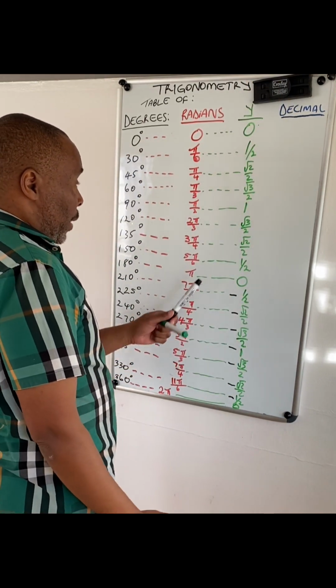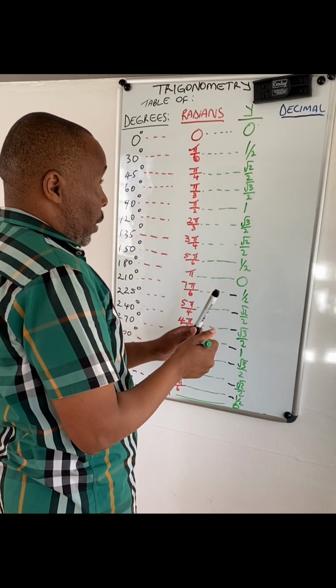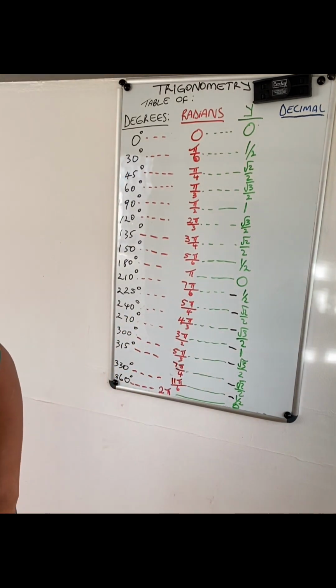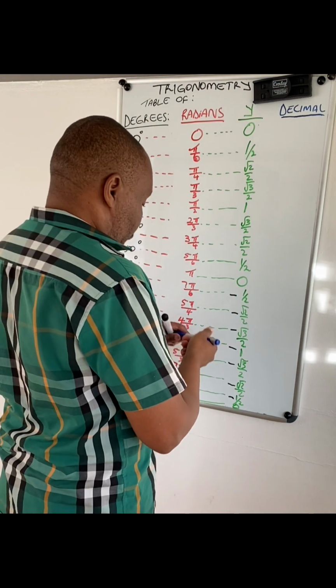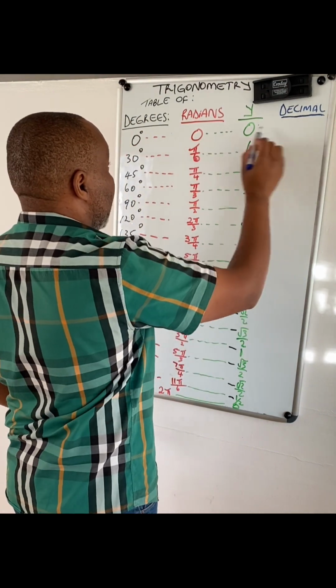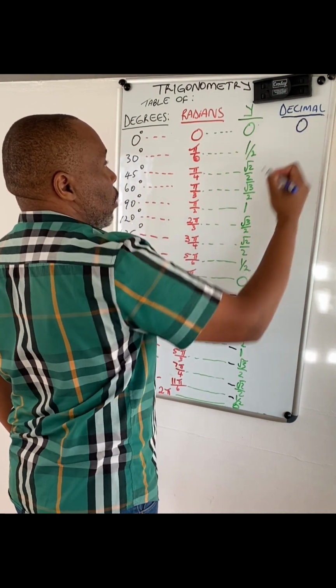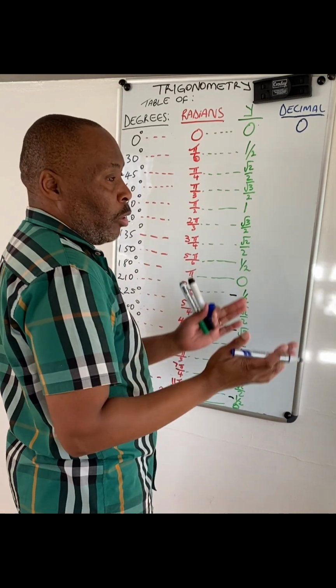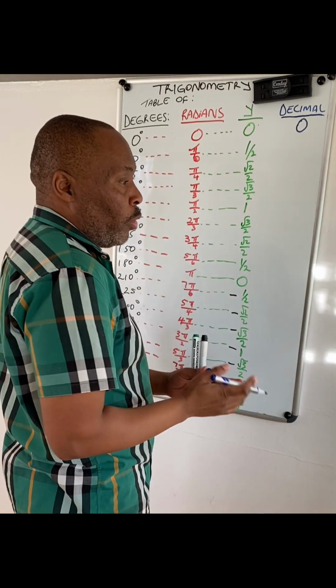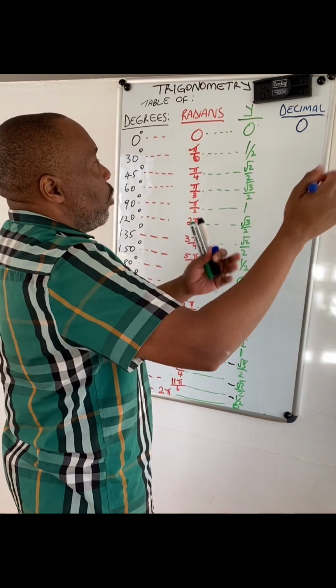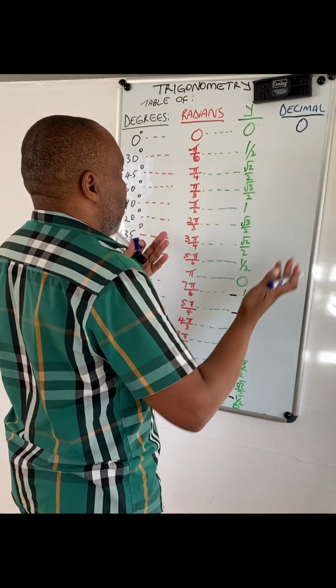For me to finish with this part, I need a different color pen. In decimal form, since it's 0, it remains 0. In whole numbers, there is no point 0, 0, 0, it's just 0.